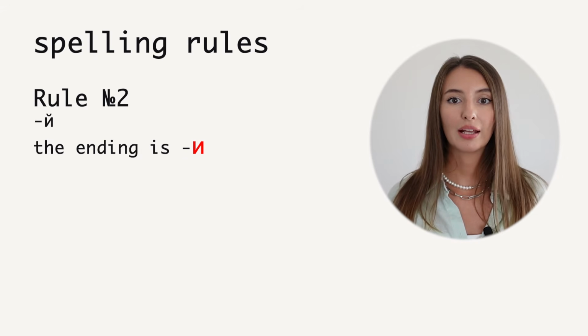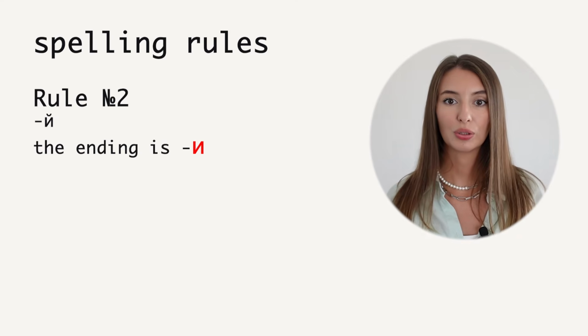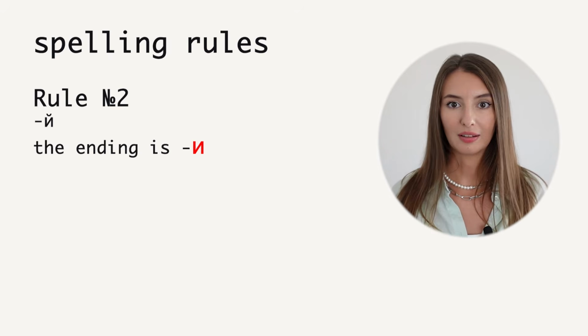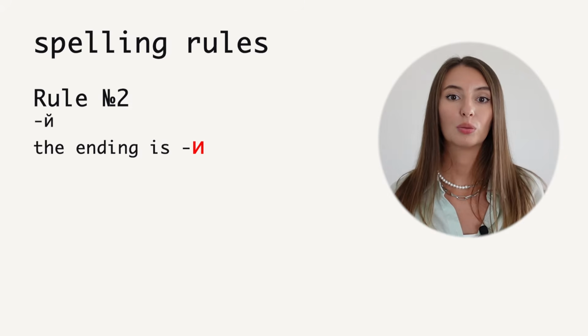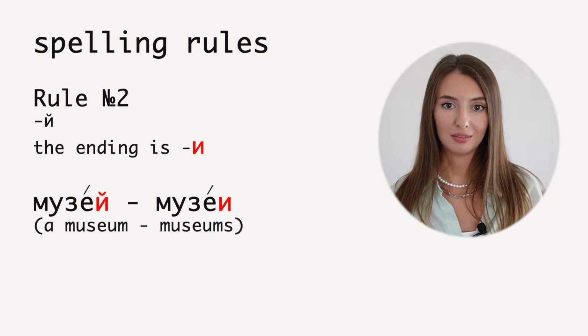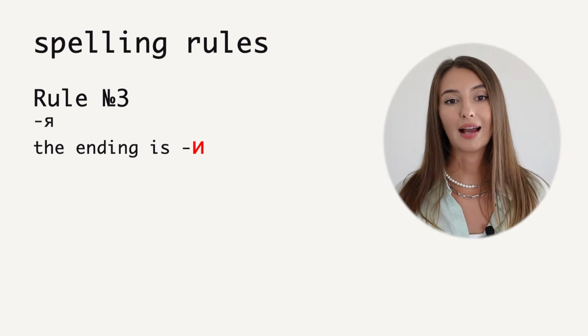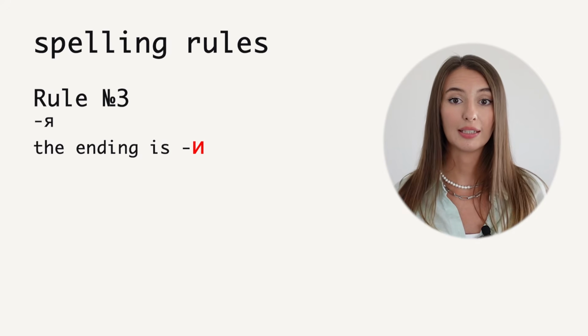Rule number 2. If a noun ends with the й краткое, change the ending to и. For example, the plural for the word музей is музеи. Музей, музеи. Rule number 3. If a noun ends with я, change the ending to и.